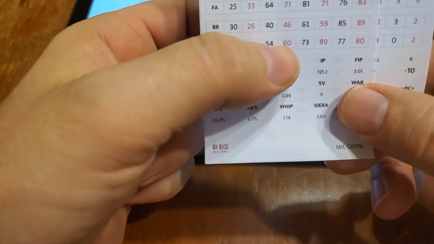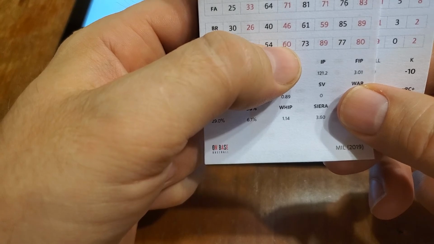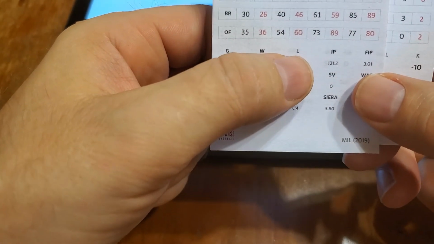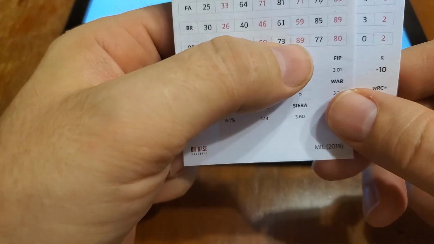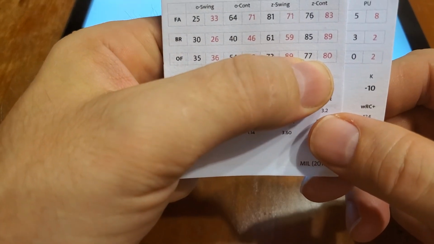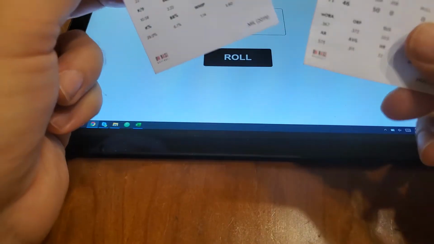Some pitchers, if you have that high number here and then that low number here, have a really good changeup. So they're getting people to chase their changeup out of the zone. Sometimes you get a real high swing rate and a lower contact rate in the zone, so they're throwing that changeup in the zone and getting a lot of swings and misses.